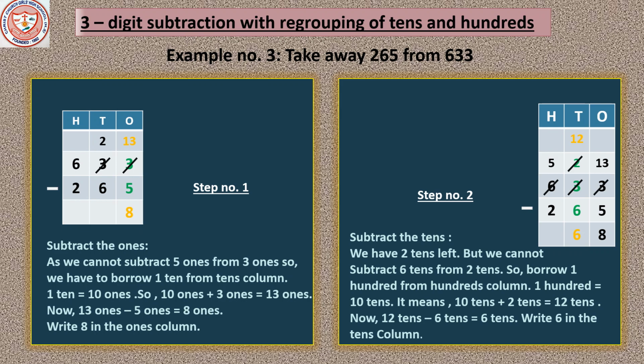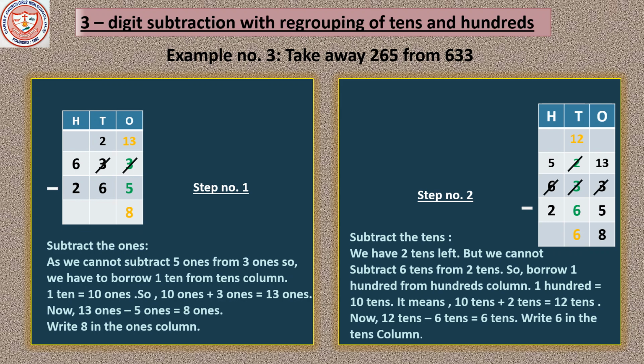Now, we can subtract 5 ones from 13 ones. So, 13 ones minus 5 ones is equal to 8 ones. So, write 8 in the ones column.